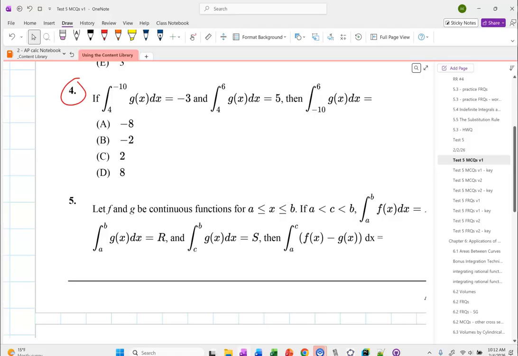So just to be clear, this is the kind of problem that would appear on a no calculator portion of the AP exam.